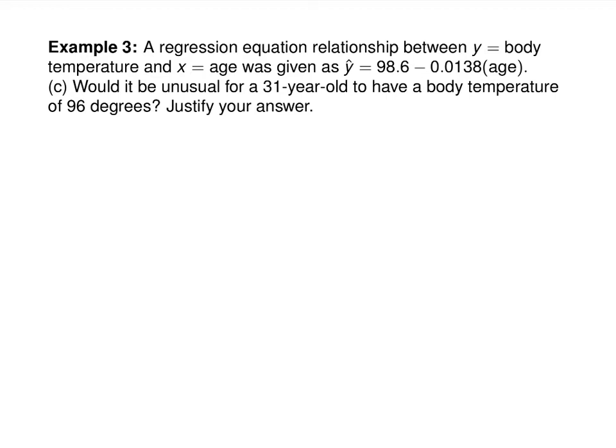Would it be unusual for a 31-year-old to have a body temperature of 96 degrees? Well, our 95% interval from the previous example was 96.77 degrees to 99.57 degrees.